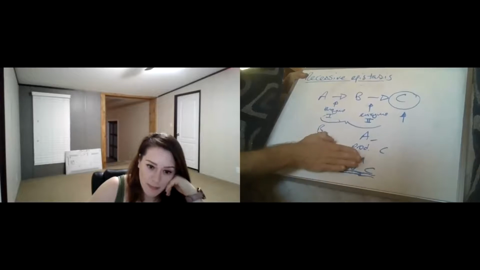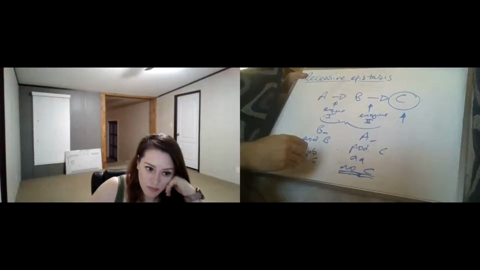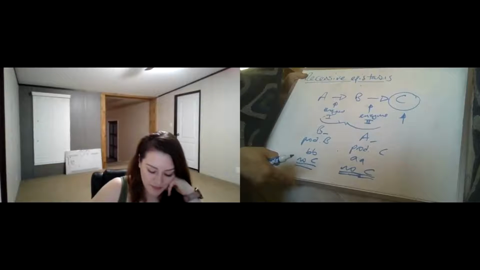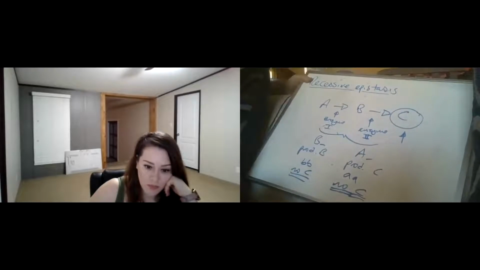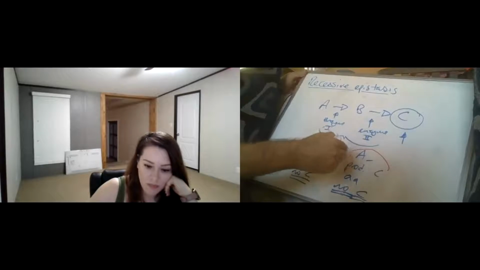So if both of these function, you get C. If either of these does not function, you don't get C. So both of these are required for you to see the phenotype of this genotype.